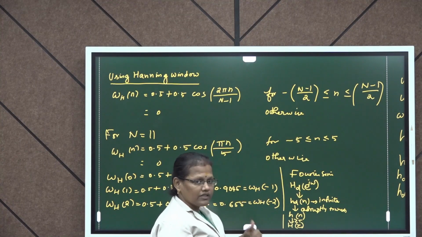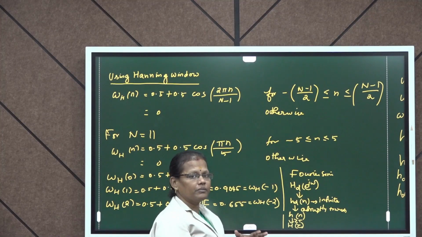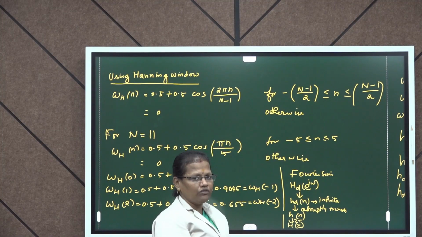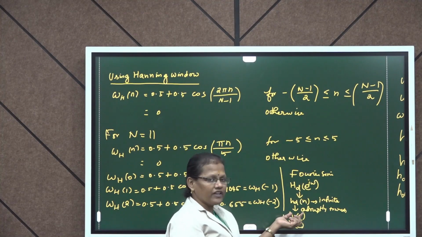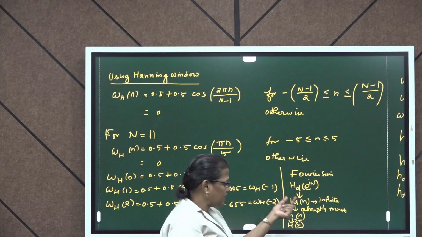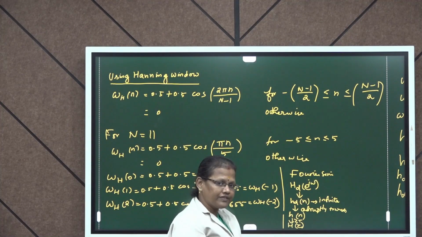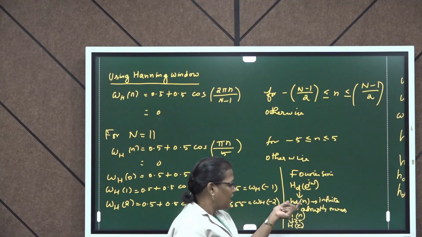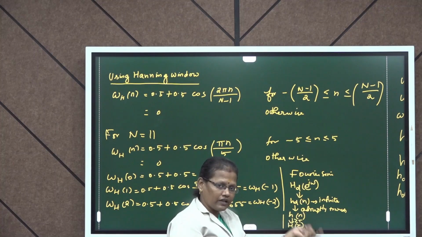Okay, so we take the same problem, but we are going to use the window function to find the value of h(n). Other steps are the same. The only step which is different from the Fourier series method is that we are not going to abruptly truncate.